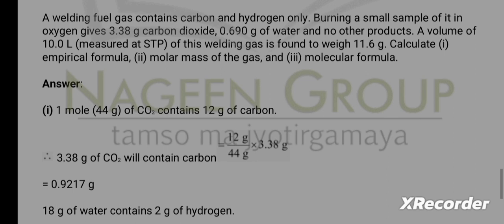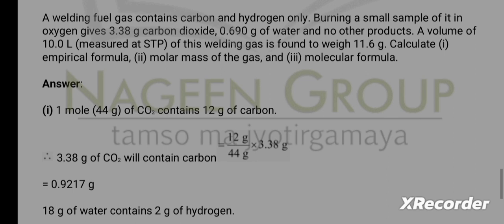Now we know that the CO2 mass is 44. We know that 44 gram of CO2. If you take a molecule of CO2, what is its mass? 44. So 44 gram of CO2 has 12 gram of carbon. Is that okay? In 44 gram CO2 how many gram of carbon are there? 12. But you want to know how much carbon is present in the 3.38 gram of CO2.